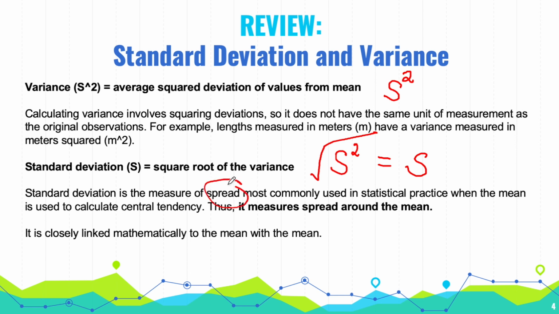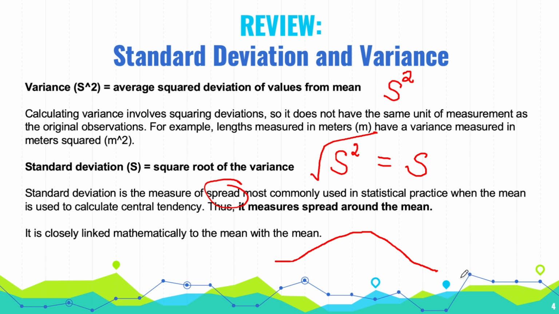What do I mean by this word spread? I mean, if you look at a normal distribution, is it squished? Is it slender and very tall? Or is it wide and have a very long, elongated bell shape? So standard deviation helps us understand the spread around the mean. If the standard deviation is large, I would expect to see a normal distribution that's long and wide.